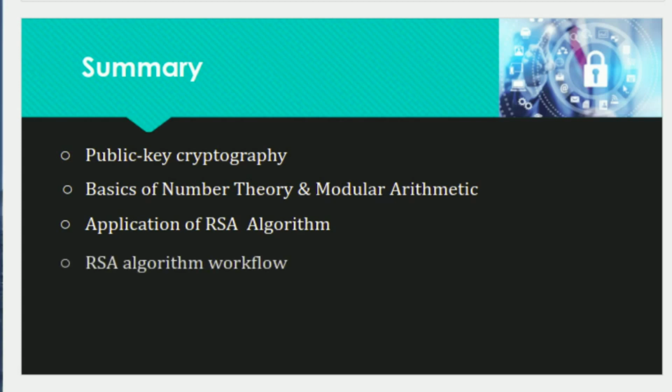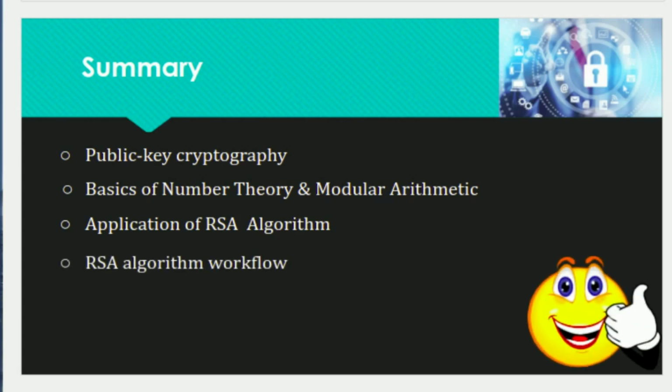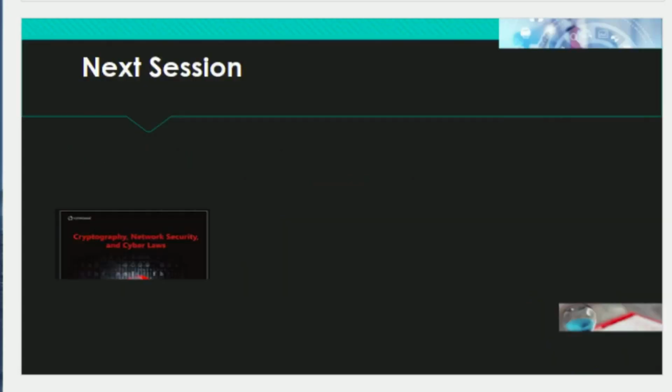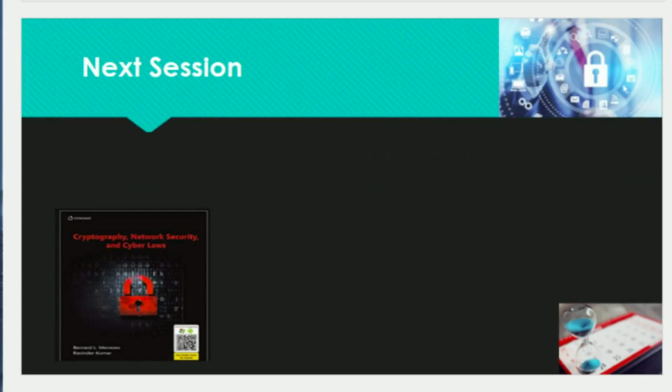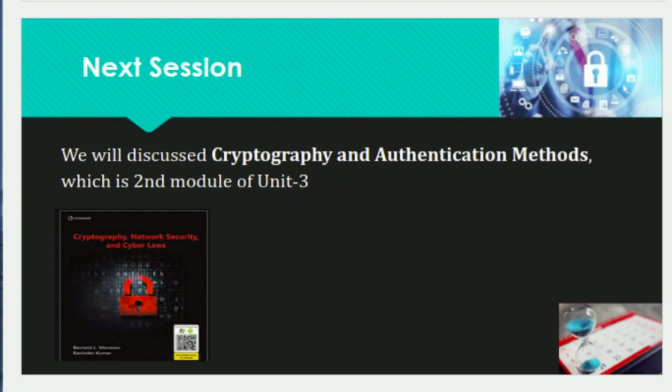We concluded our session by learning the RSA algorithm. We learned about efficient operation using the public key and private key, key generation, and finally we discussed the security of RSA. In the next session, we will discuss cryptography and the authentication method, which is the second module of our unit 3, that is, public key and management.